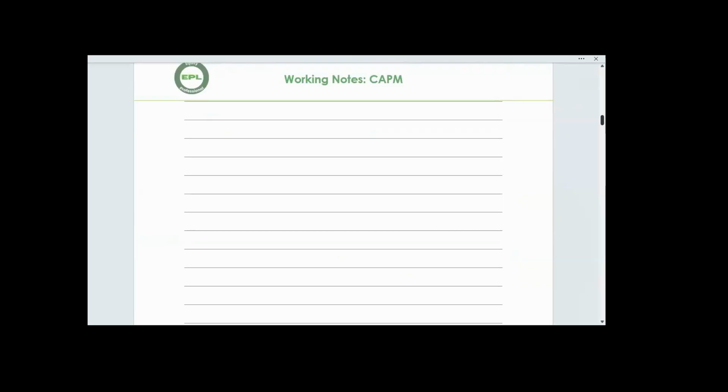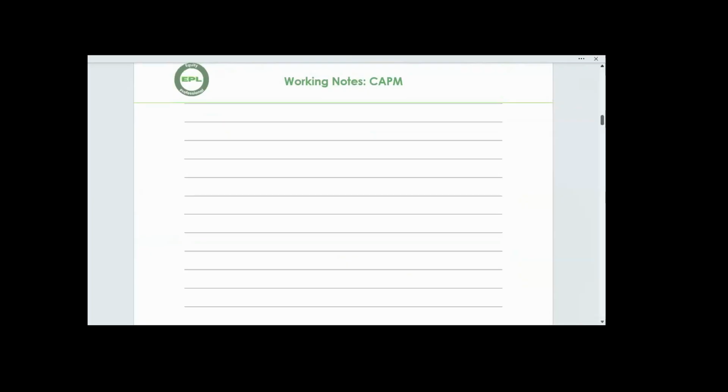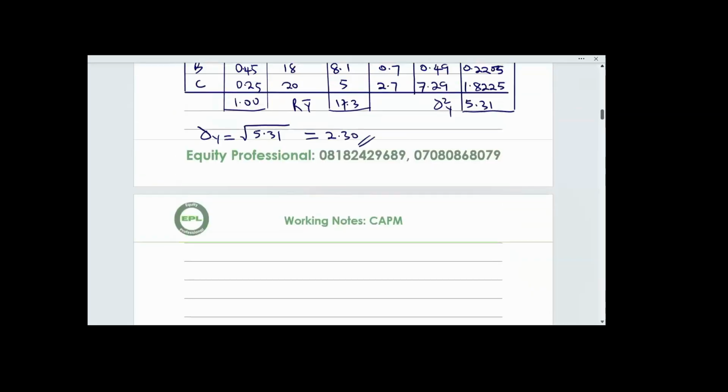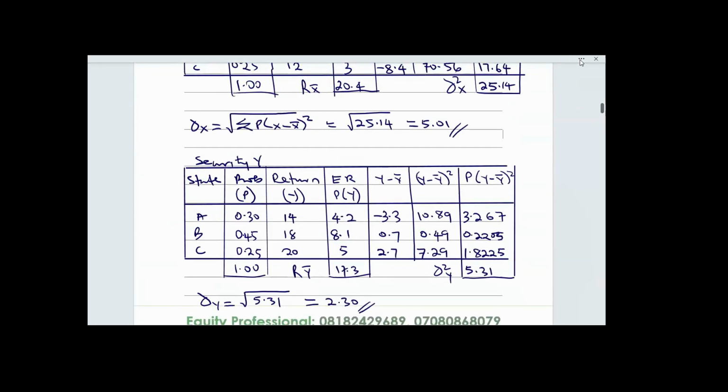Just give me one minute. I don't know why it's not connecting, and it's connecting on the PDF documents. Please give me one minute, let me go out and when I come back.